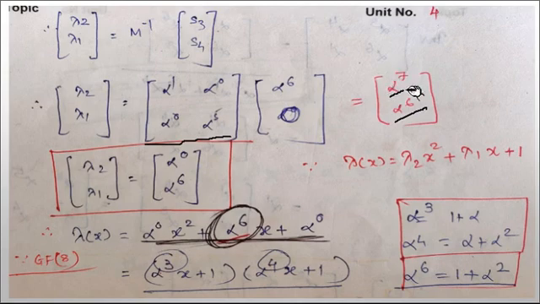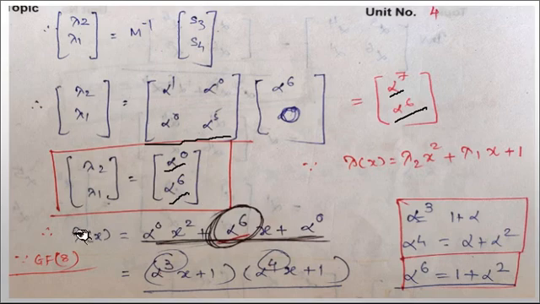Alpha raised to 7 can be written as alpha raised to 0. So that is why it is provided here as alpha raised to 0. Next is alpha raised to 6. So lambda 2 and lambda 1 are both obtained, with the values alpha raised to 0 and alpha raised to 6.